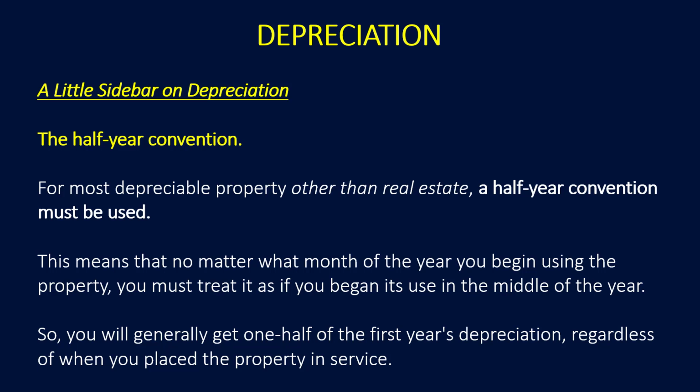Now, this means that no matter what month of the year you begin using the depreciable property, you must treat it as if you began its use in the middle of the year. So you'll generally get 1/2 of the first year's depreciation regardless of when you placed the property in service. This is the half-year convention.